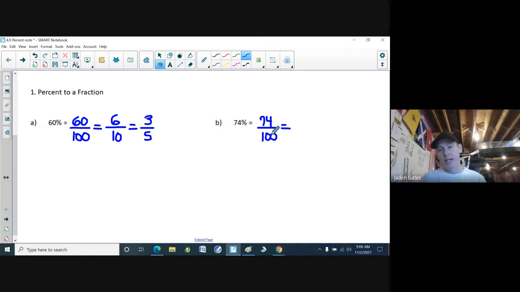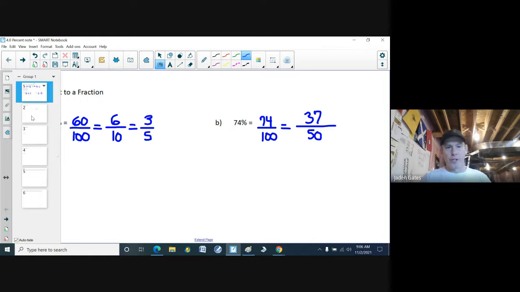I know that 74 and 100 are even, so I'm going to divide both by 2. 100 divided by 2 is 50, and 74 divided by 2 is 37. Now that is a fraction in lowest terms because there isn't a number that goes into the numerator and the denominator evenly. And so 74% as a fraction would be 37 over 50.